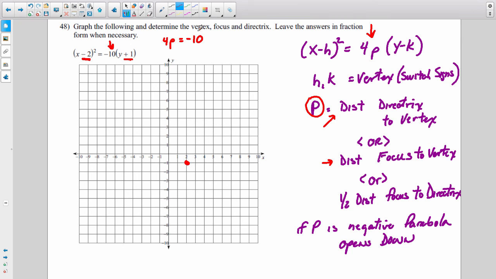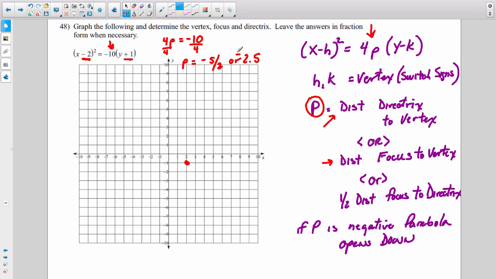Well, then I can find out what p is. Divide both sides by 4, and p is equal to -5 halves, or -2.5, sorry. So how does that help us?